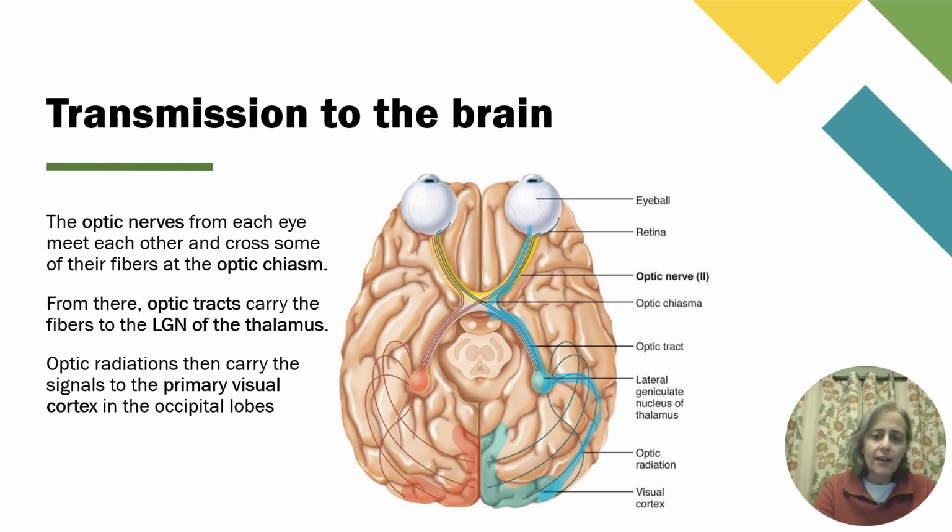Or, if they were coming from the nasal side, then they actually crossed at the optic chiasm through the optic tract to the lateral geniculate nucleus of the thalamus, then through the optic radiations to V1, or the primary visual cortex, which we find in the occipital lobes.